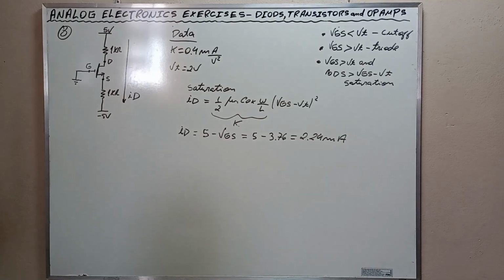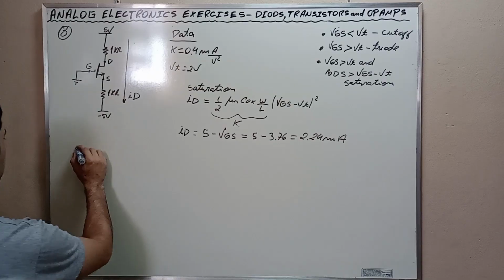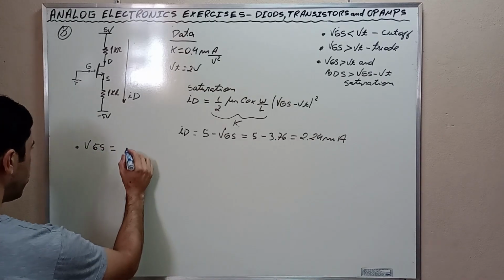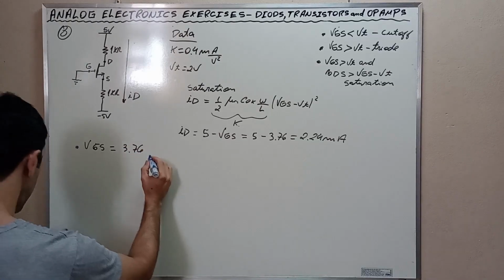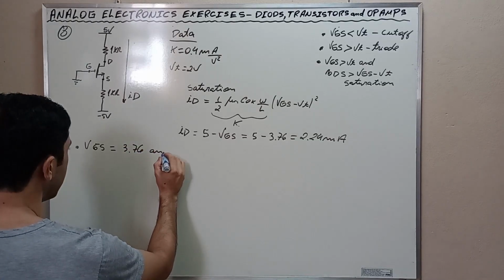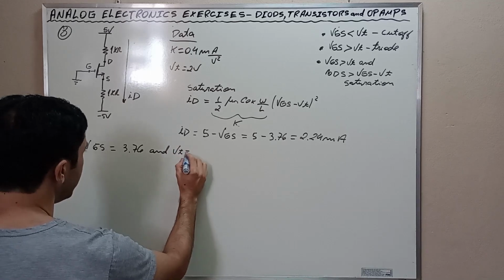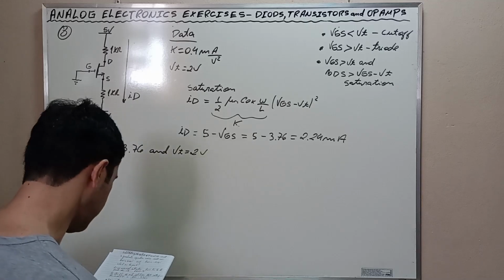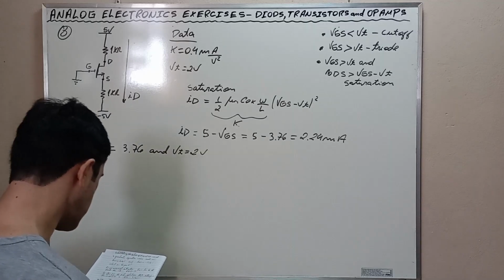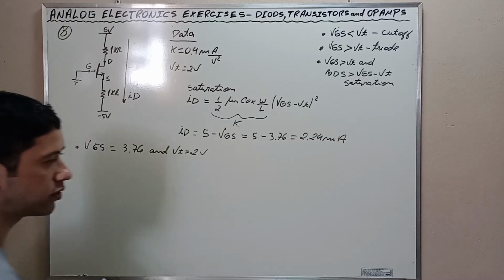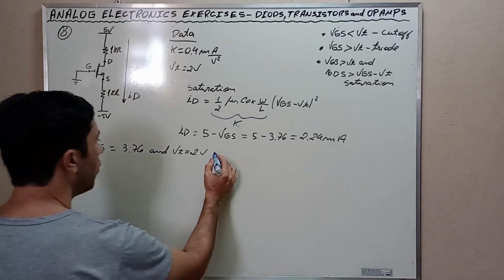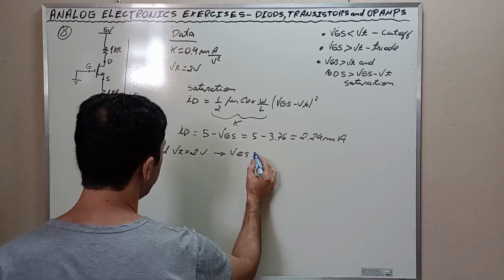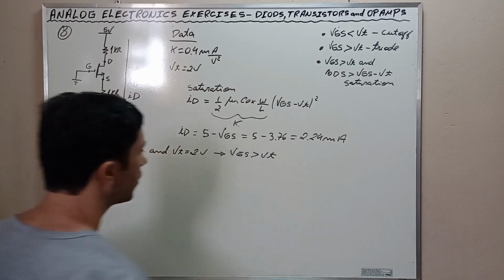If VGS is equal to 3.76 and Vt is equal to 2 volts, of course, VGS is greater than Vt.